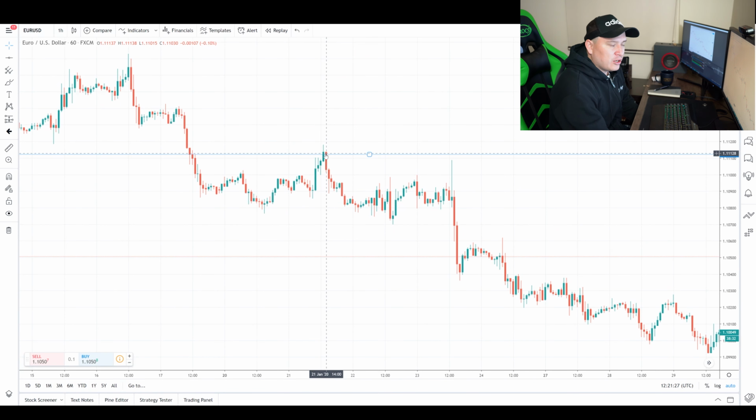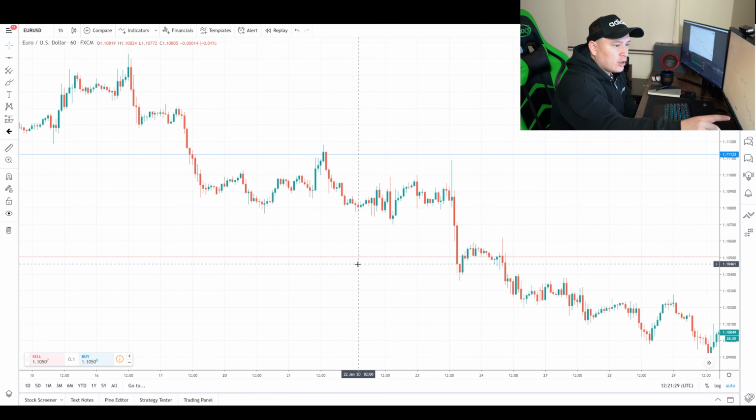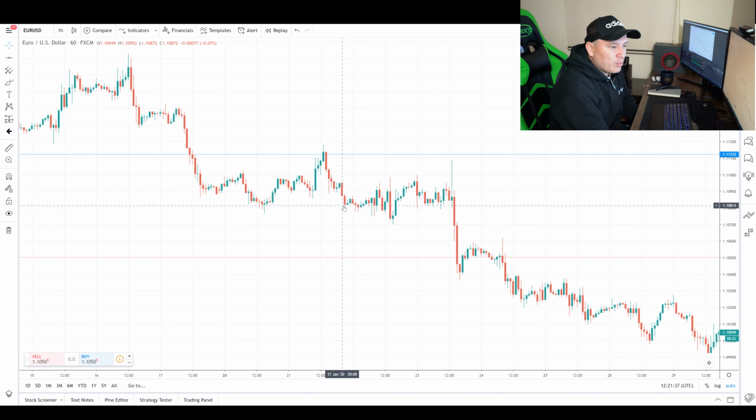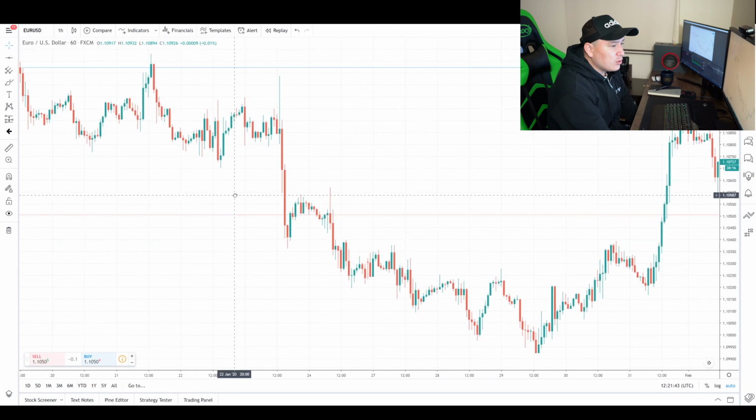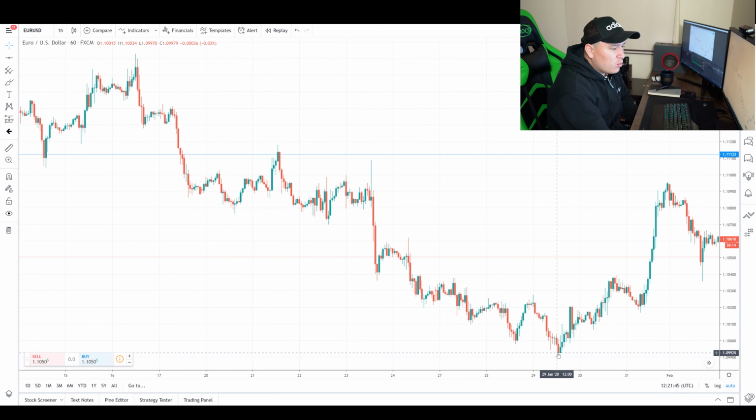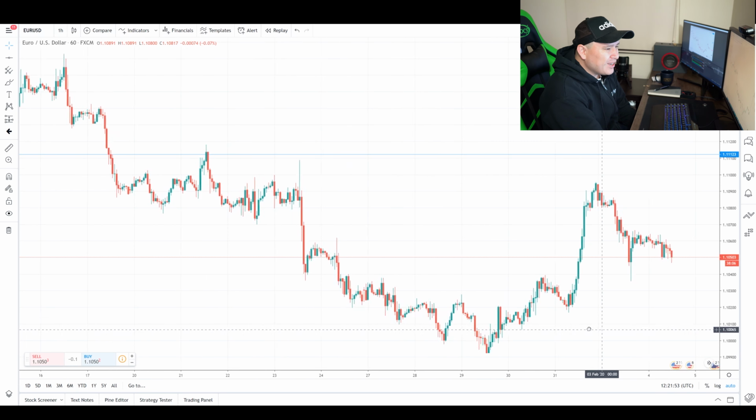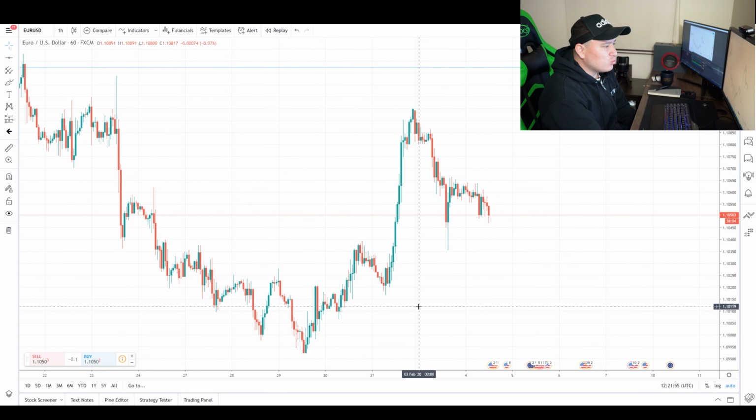If it was touched right here and you enter for Forex at 1.11123, and you close it around here, 1.10814, it's over 100 pips, okay? And it continues to go down. It was all the way here to 1.09925, okay? We're talking about almost 1,000 pips in just one trade.